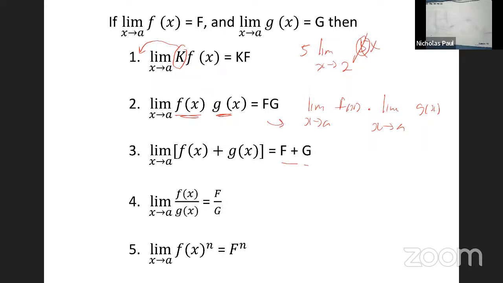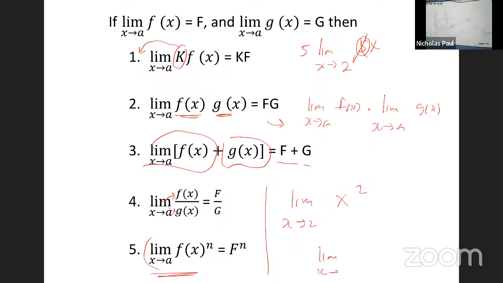Addition, well, we can find the limit here and then the limit here. Division, same thing here. Limit on top, limit underneath. If you have an entire function raised to a power, this is important. If I give you something like this, it is the same as writing the limit as x approaches 2 of x, all squared.